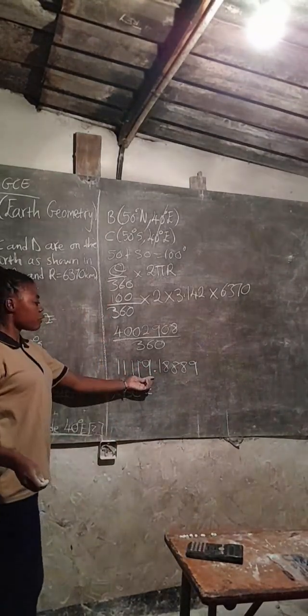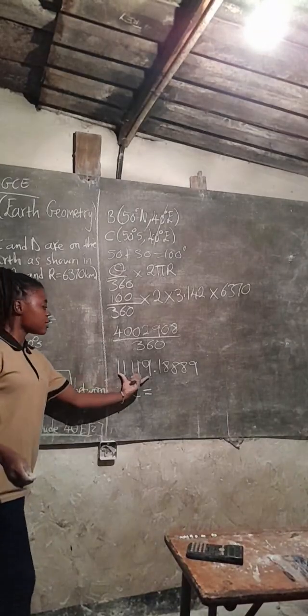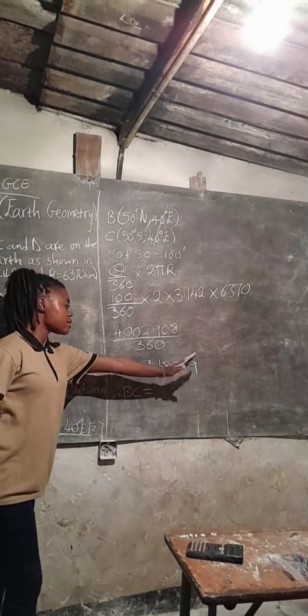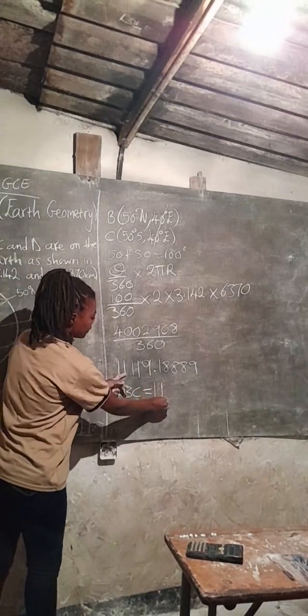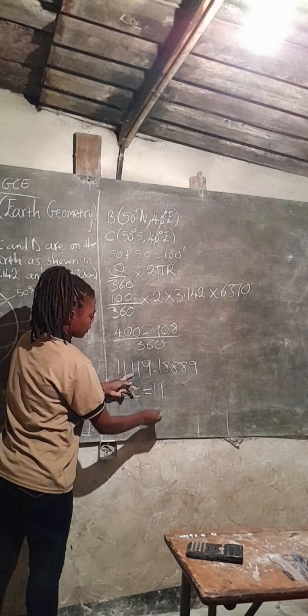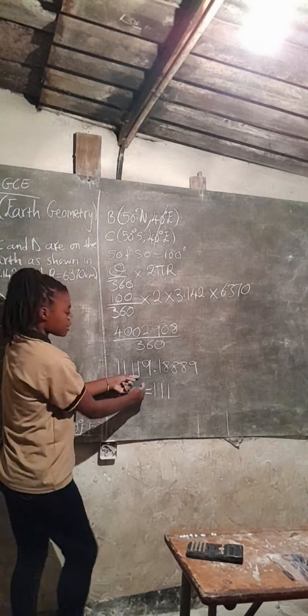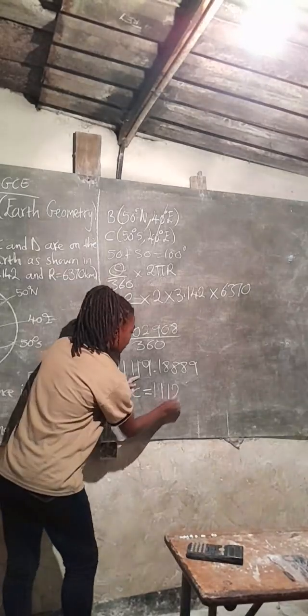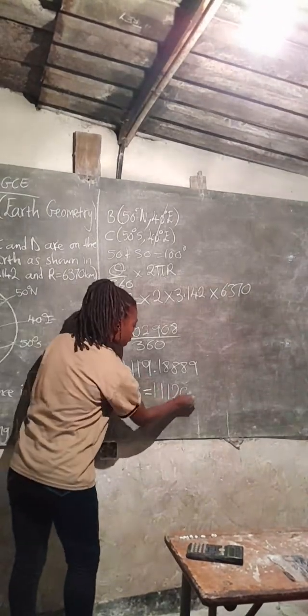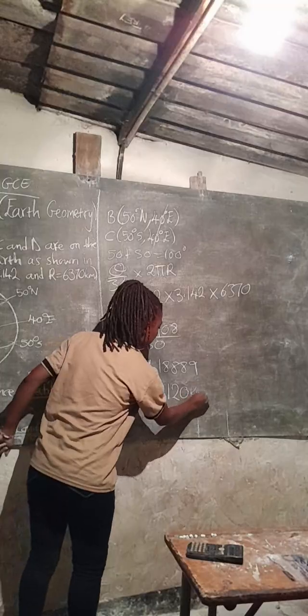Rounding to whole numbers, we say 1, 1, 1. Since the next digit is a 9, it changes that 1 to a 2, and the 9 changes to 0, giving 1120 kilometers.